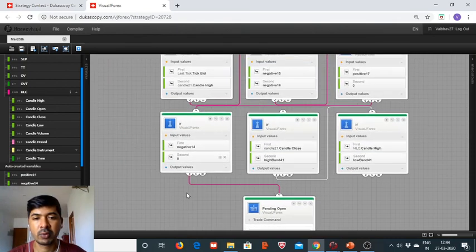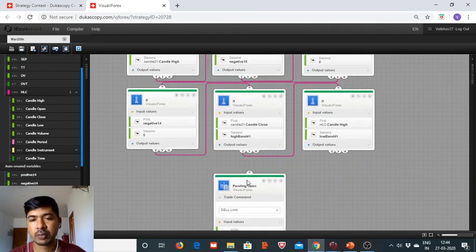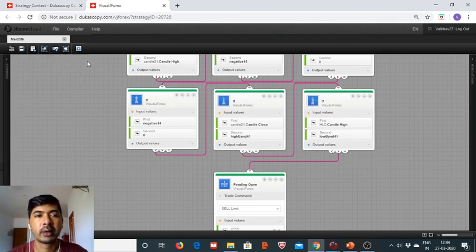We stop this flow. Negative value should be less than 0. We directed it here, and now candle high should be above the lower band. Okay, candle high is greater than the lower band, so we are done.